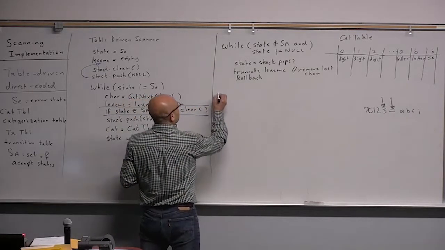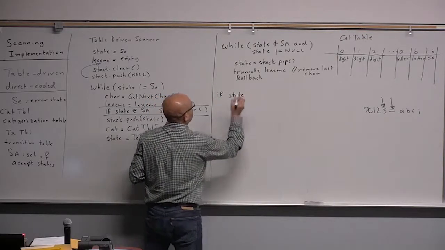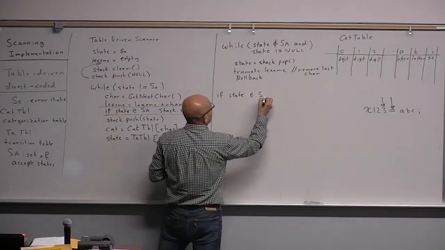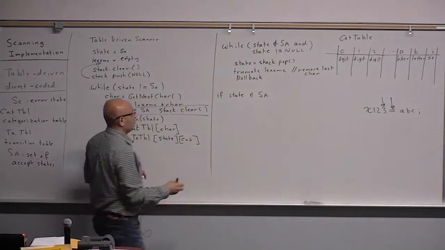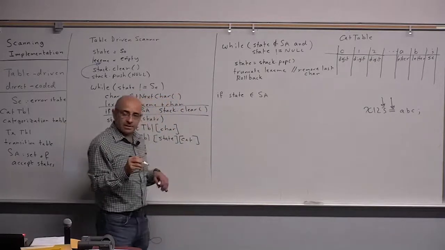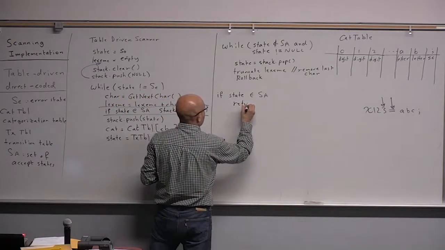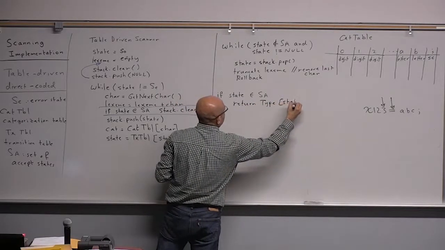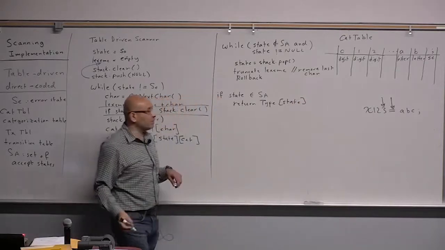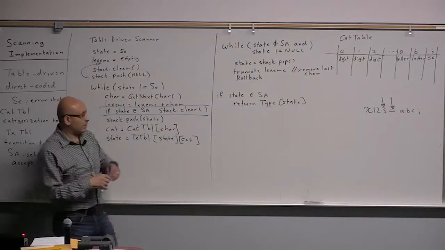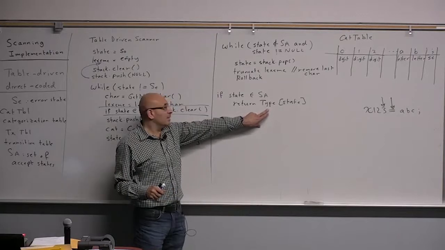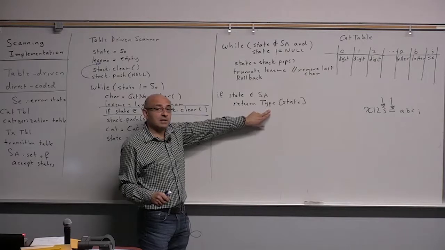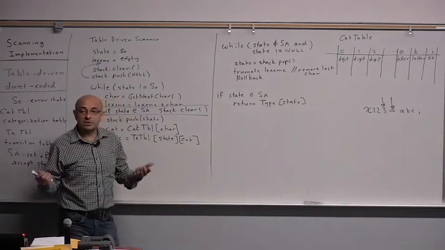After the loop, if state belongs to SA, then this is an accept, so we return the type of state. In this case, the type of state is the corresponding syntactic category. If we have multiple types, we have to resolve this conflict based on certain priorities.